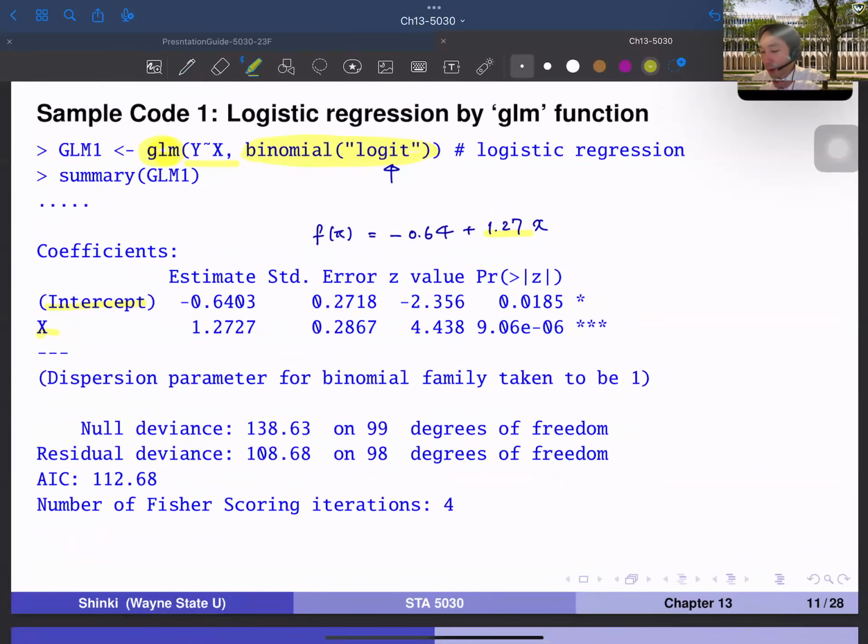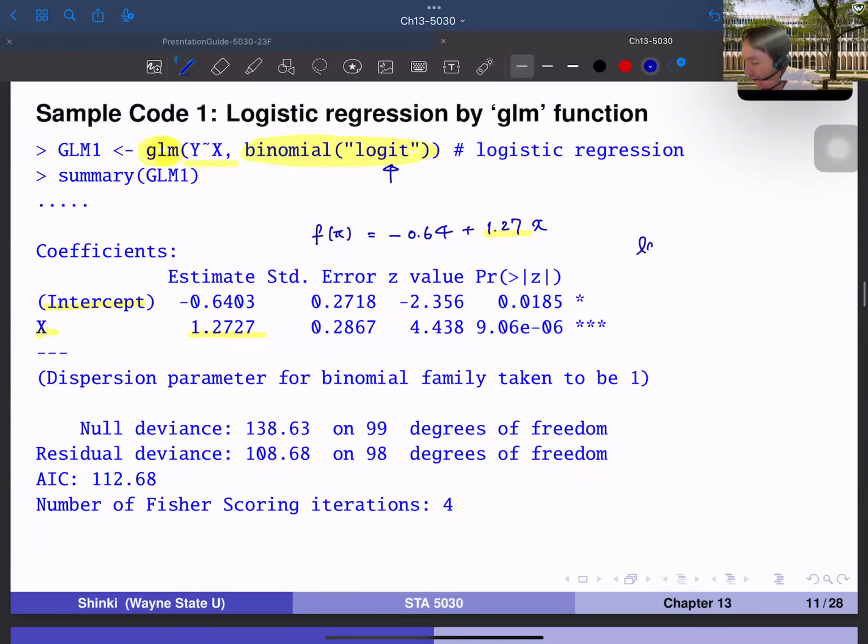But at least you can interpret this as larger x means larger f of pi, which means larger pi, since f is a monotone function. f and f inverse are both monotone increasing functions. So this coefficient is positive, then larger x means larger y. That is consistent with the previous graph.